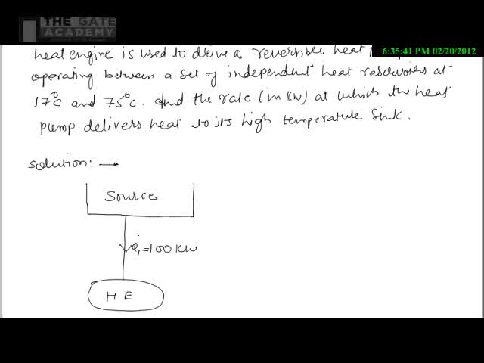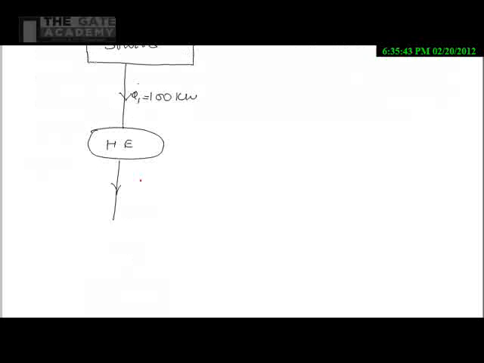Now it is giving 50 kilowatt to the sink, that is Q2 dot. I am putting dot because this is heat per unit time, and this one is the sink, and it is producing work W.